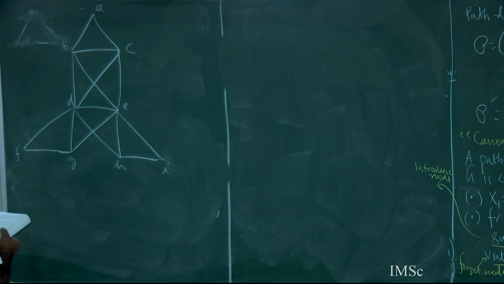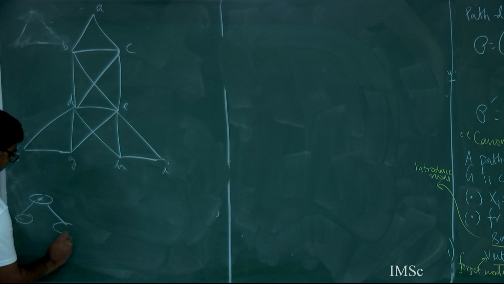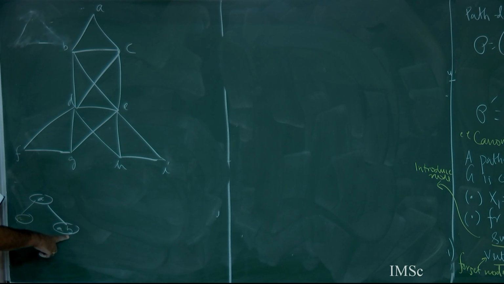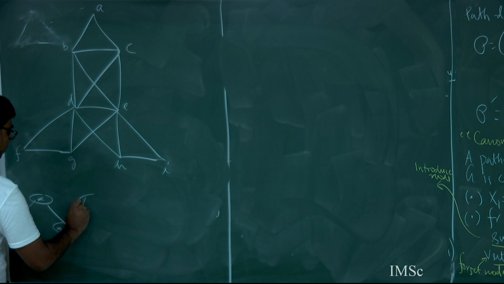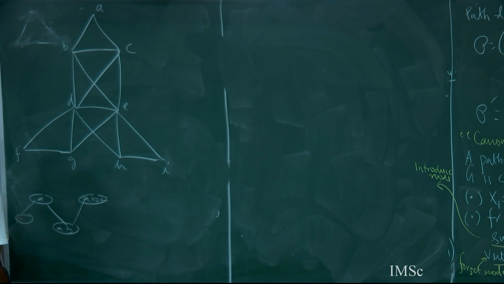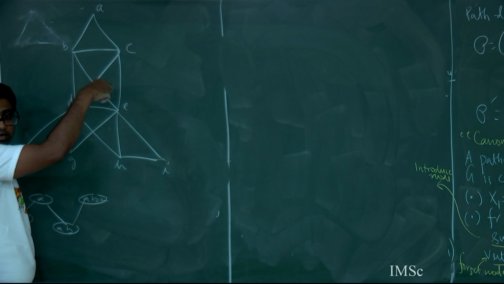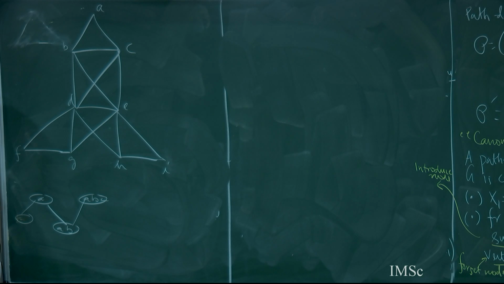So how you do it is, this is the empty bag, then you create A, then let us introduce B, so AB, then introduce ABC. Now let us forget A because A is not useful anymore, you never need it in future, forget it.